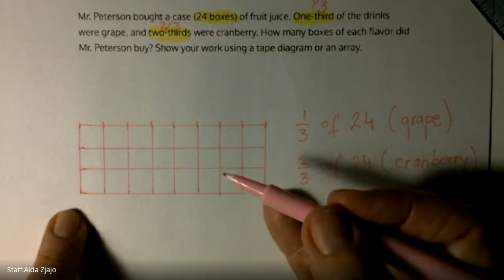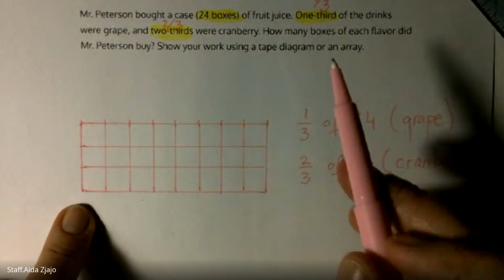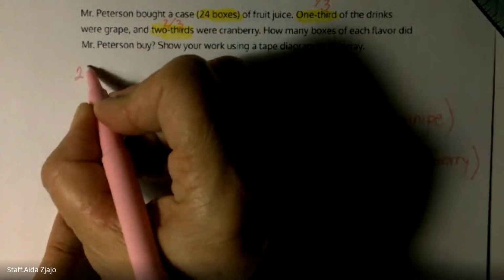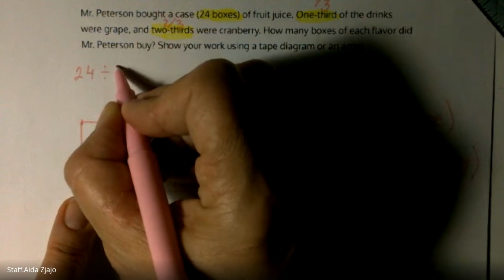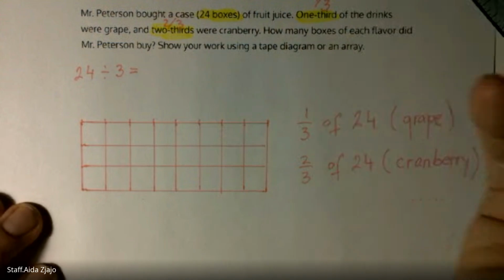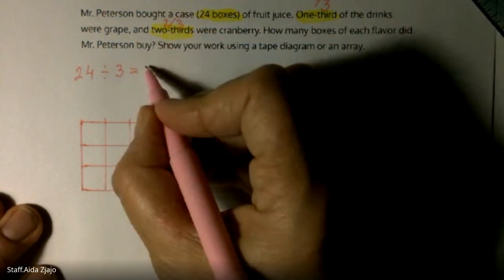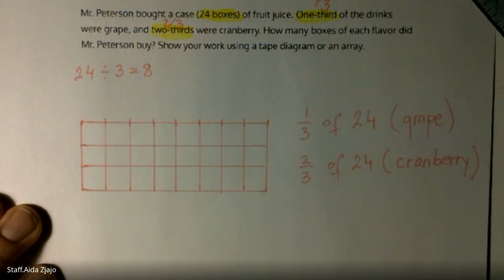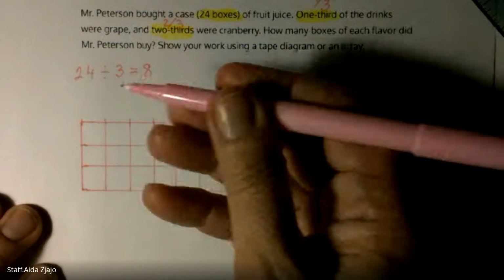So we think, what is 24 divided into 3? 24 divided into 3 would be 8. So that tells me that 8 pieces will make 1/3.